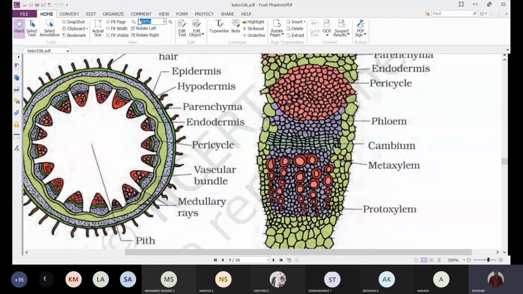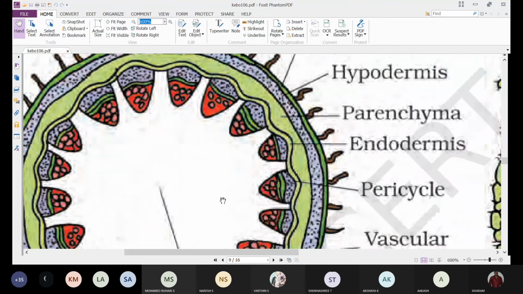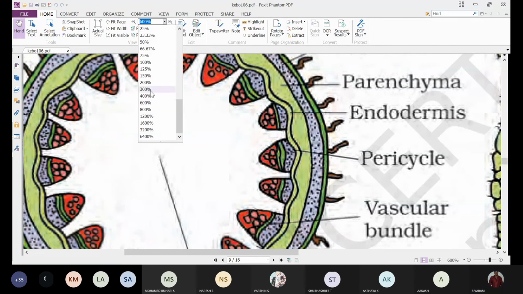When you observe here, this is one vascular bundle and this is another vascular bundle. Here we observe the intravascular cambium, here also the intravascular cambium. This is the medullary rays, and here we find the parenchyma cells present adjoining it.